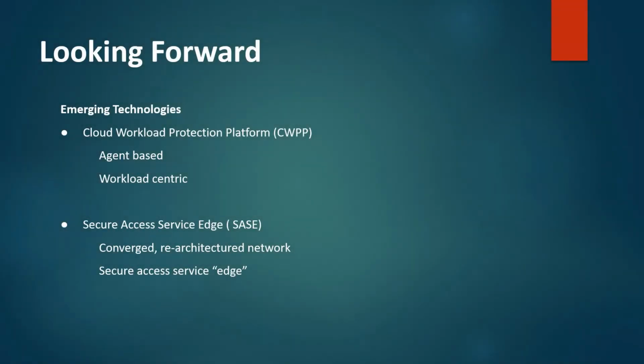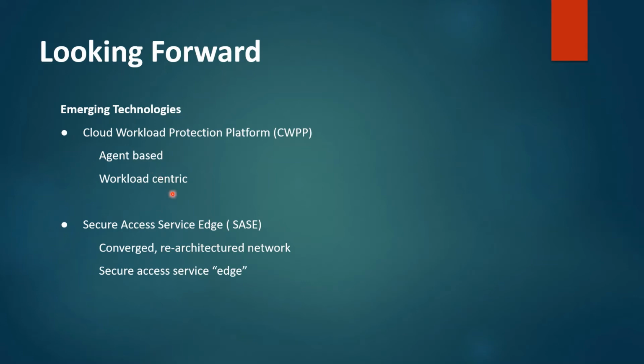CASB has been around for nearly a decade now. From a timeline perspective, it is no longer a buzzword, and most likely there are new technologies coming along to either supplement or maybe completely replace CASB. In 2019, Gartner published two emerging technologies in the cloud security landscape. The first one is Cloud Workload Protection Platform, and this is a workload-centric, host agent-based technology that could be an addition to the existing CASB solution.